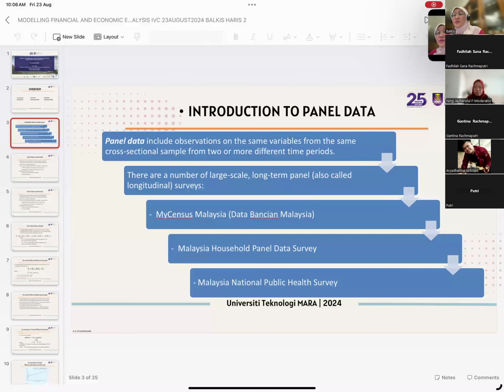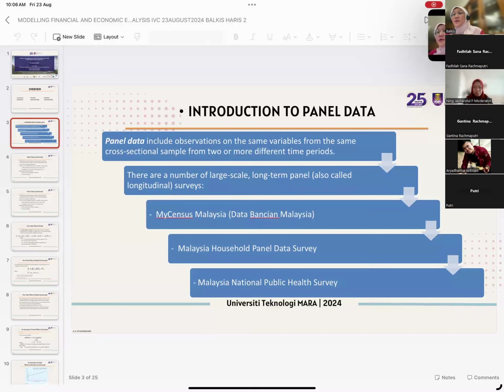Let's say we use Maybank equity data for 10 years, and then we select another bank, for example, CIMB Bank. So we already have 2 banks for 10 years.